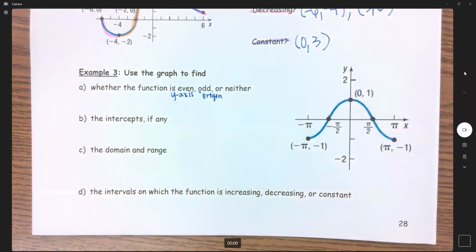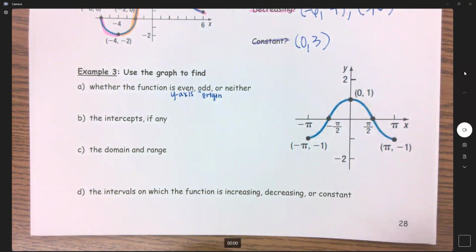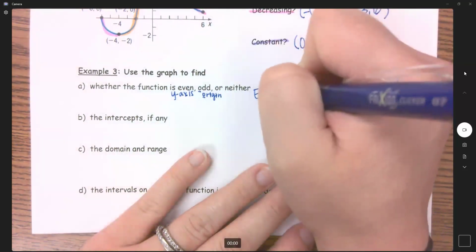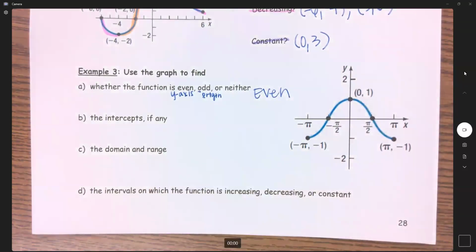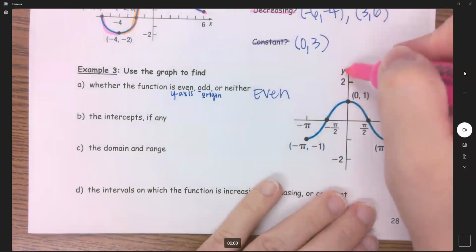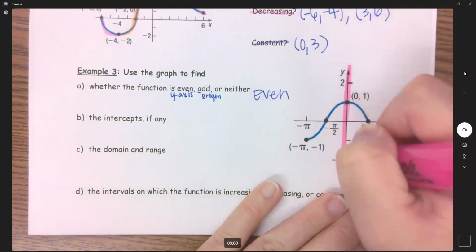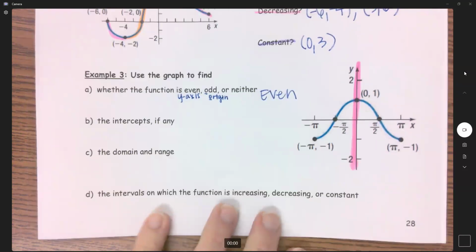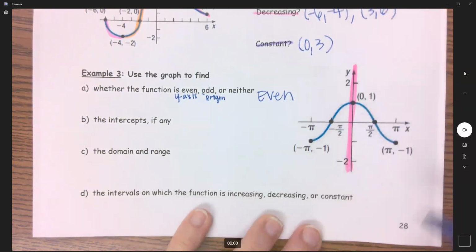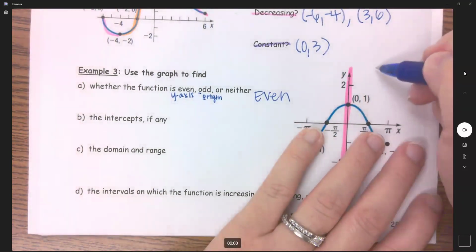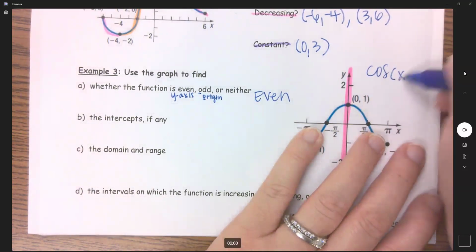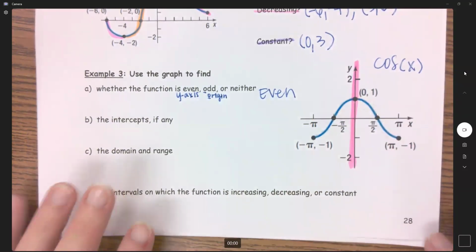And then neither. So this one is even. It has y-axis symmetry right here. The left side looks the same as the right. And for the record, this is your graph of cosine x.